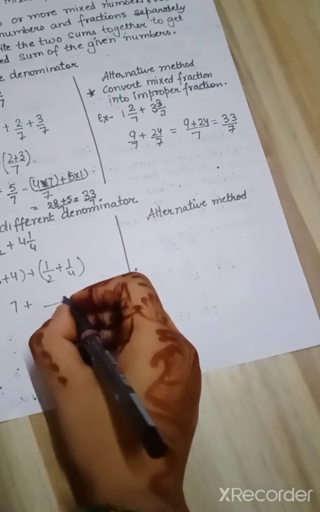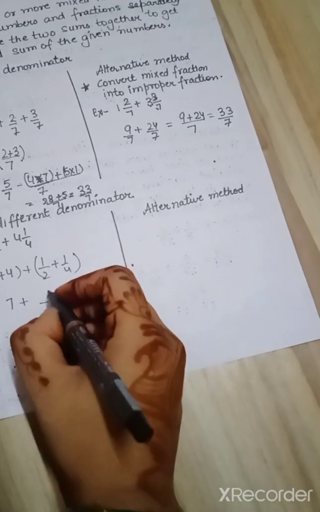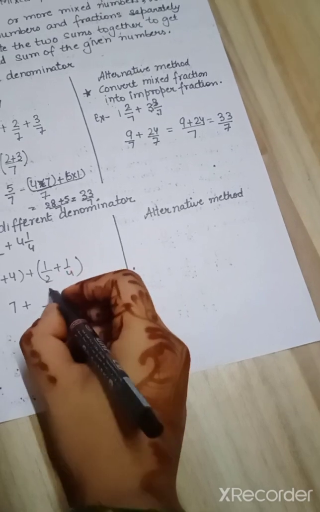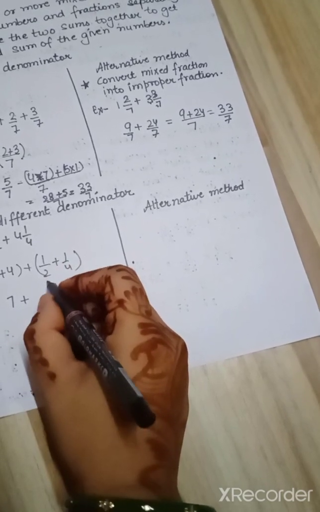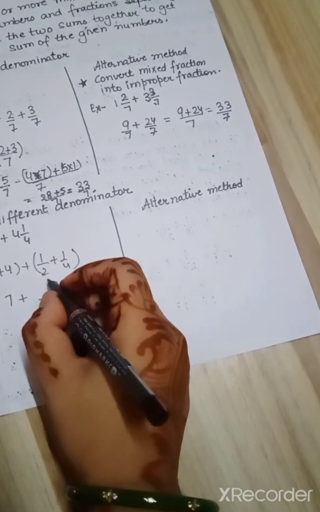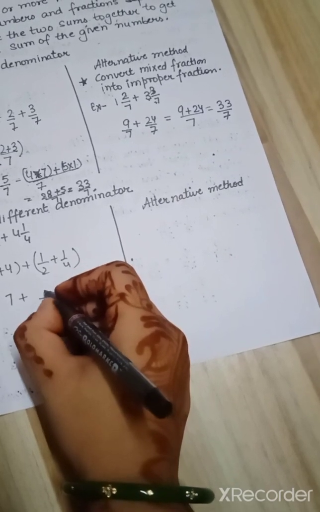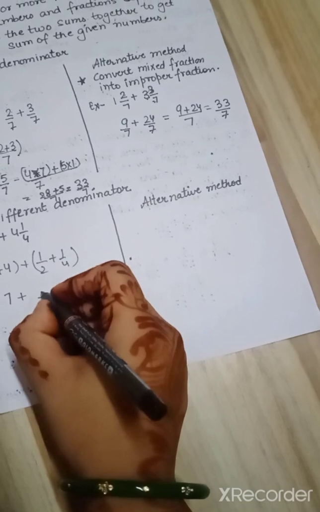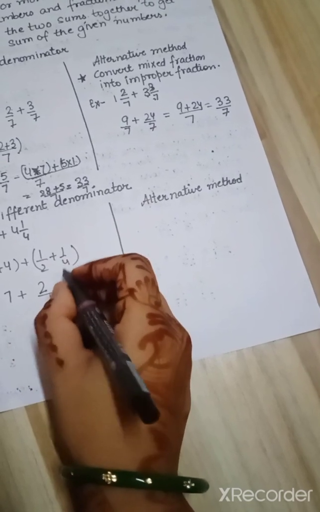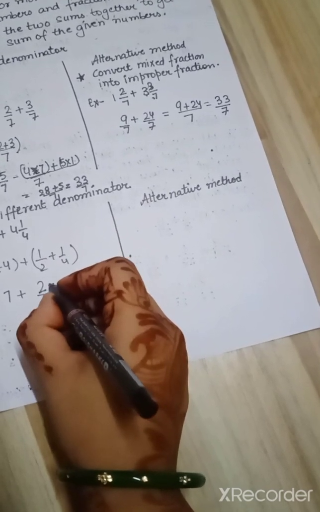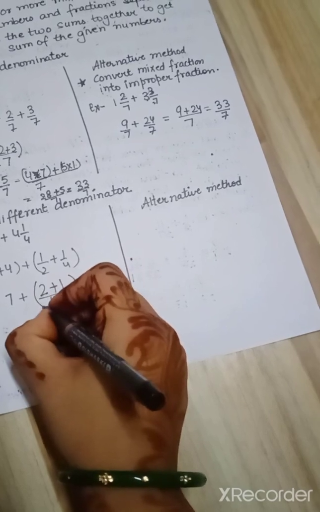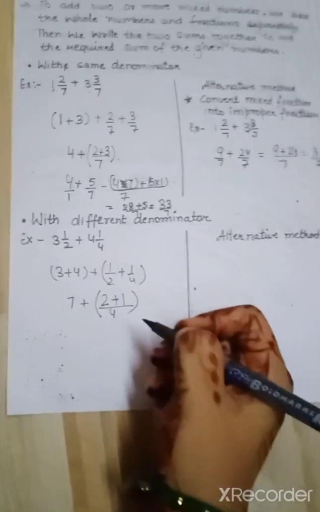The LCM is 4. So I will make equivalent fractions. As you know, 2 times 2 is 4 and 2 times 1 is 2, right? Now 4 times 1 is 4 and 1 times 1 is 1. So I will write it like this. Equivalent fractions I have made.